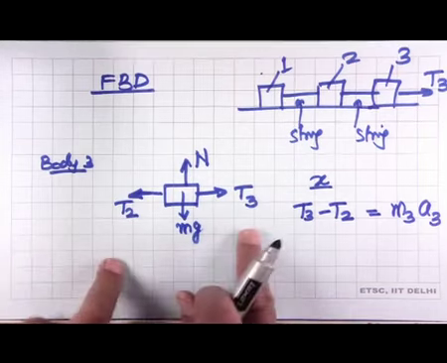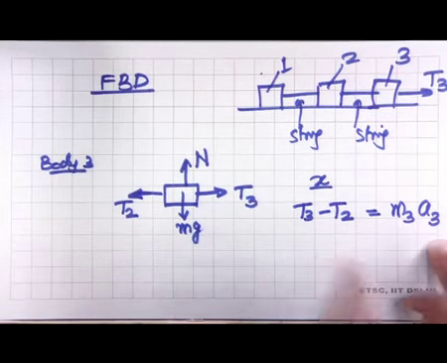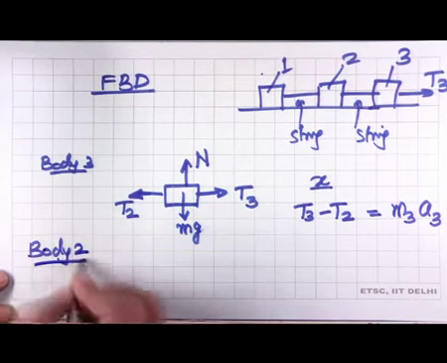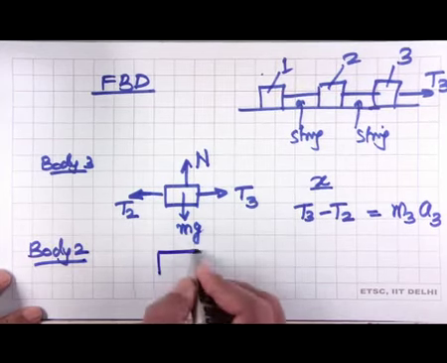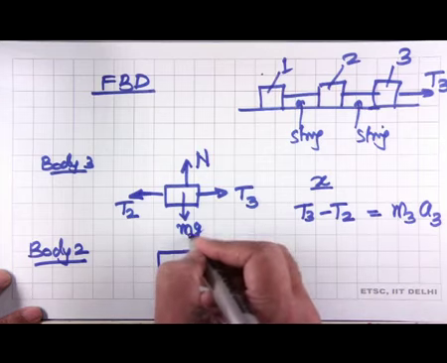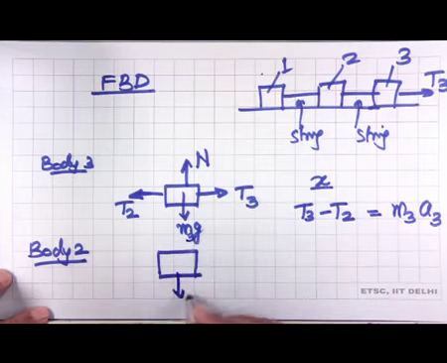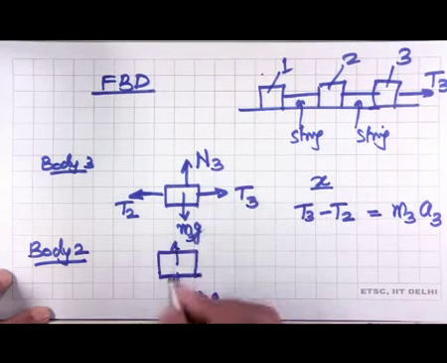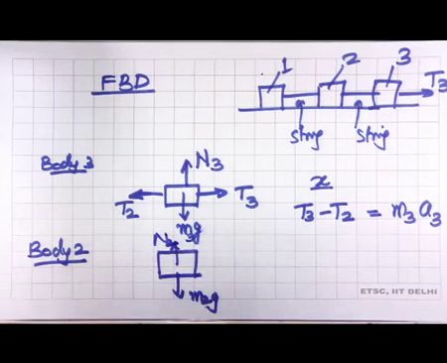I first draw the free body diagram, then I write the equation. Now, let us draw the free body diagram of body 2. This is body 2, we have the weight of body 2 acting, m2g, and there is a normal reaction n2.